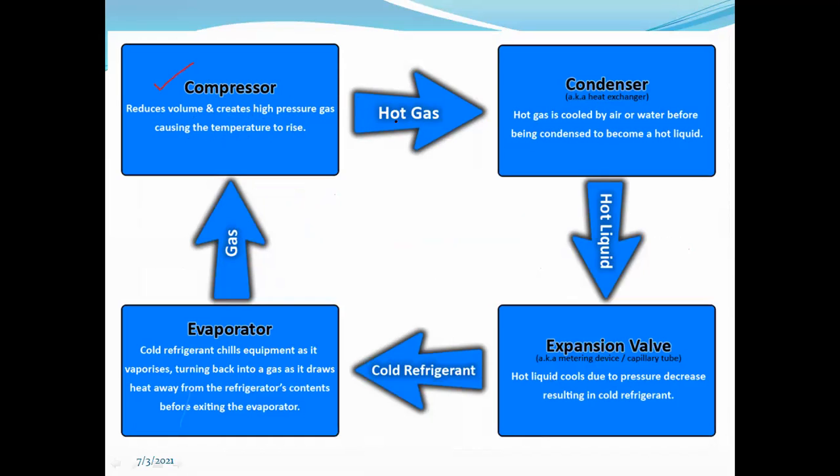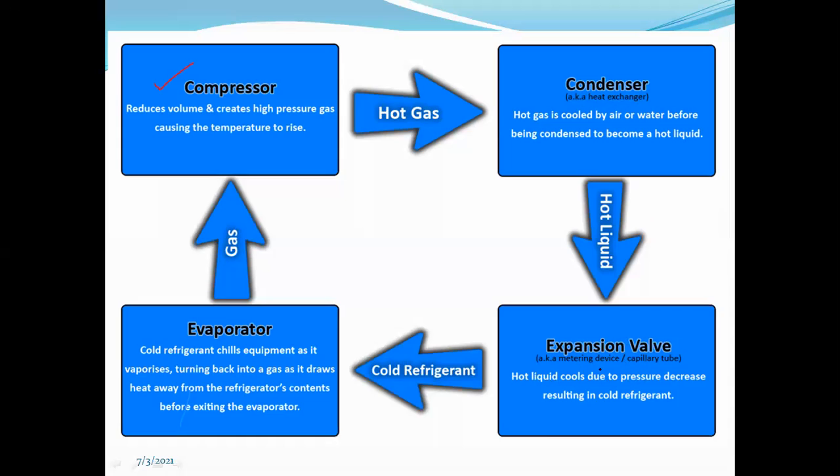Whatever hot gas is obtained from the outlet of the compressor is transferred to the condenser, also called a heat exchanger, where hot gas is cooled by air or water before being condensed to become a hot liquid. So after the condenser we have hot liquid, which is transferred to the expansion valve.